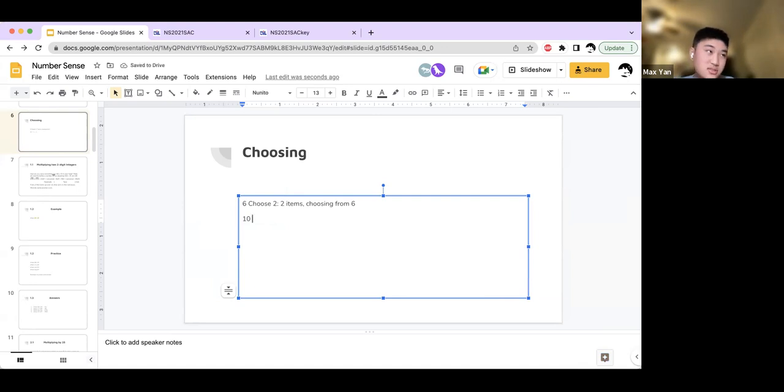And that's what really distinguishes it from when order matters. So say you have 10 students again, and your teacher wants to pick a president and a vice president. In this case, 10 choose 2 would be incorrect because a vice president is different from a president. So the real answer would be 10 times 9.